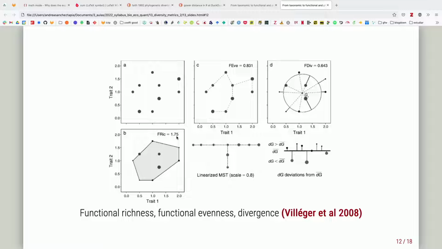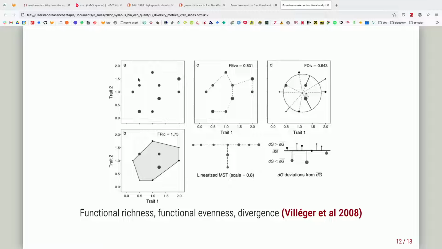And another community can have a different convex hull, and a different functional richness at the end. So richness, instead of species richness, which is different numbers of species. We have lots of traits and lots of individuals, so we cannot say number of traits because we haven't measured everything. Just in the space that we measured, functional richness is the size of that space, the size of that convex hull.